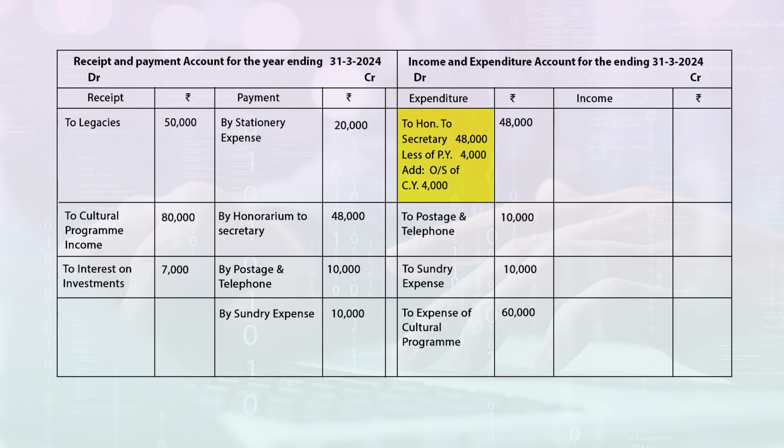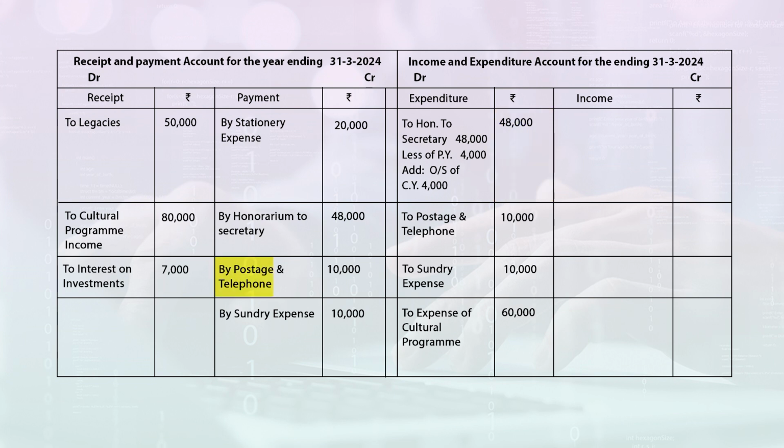The payment includes rupees 4,000 belonging to previous year, but paid in current year, which is deducted. An additional outstanding amount of rupees 4,000 of current year is added. So, the final figure on the debit side of the income and expenditure account also comes up to rupees 48,000.